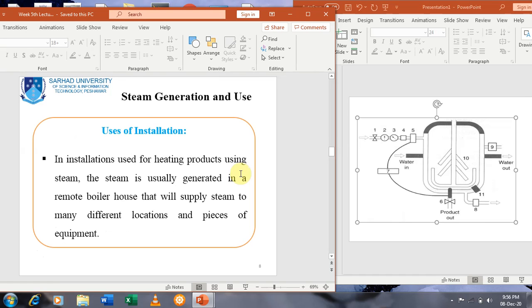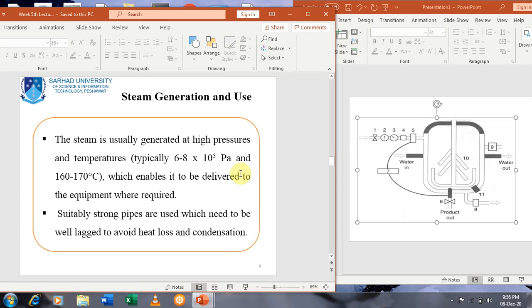And the installation is used for heating products using steam. The steam is usually generated in a remote boiler house and then it is supplied to many different locations using high quality pipes to different pieces of equipment wherever necessary.